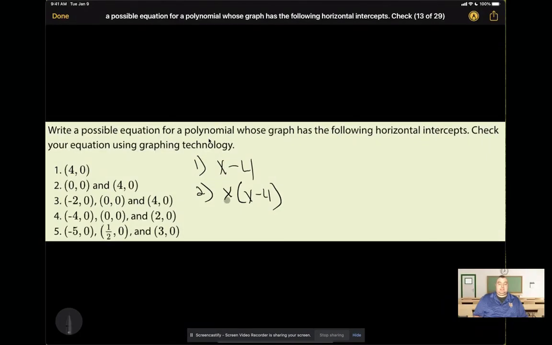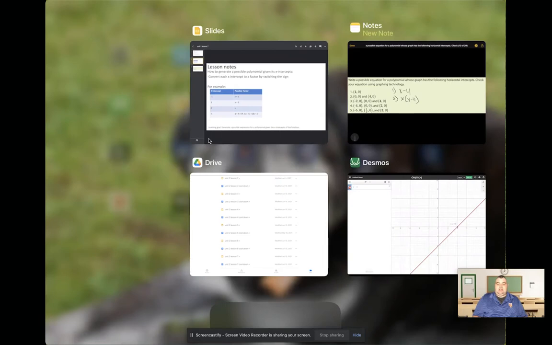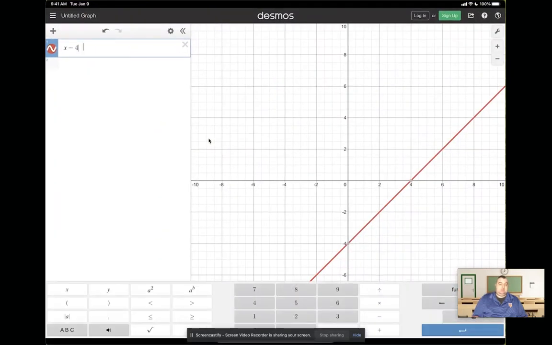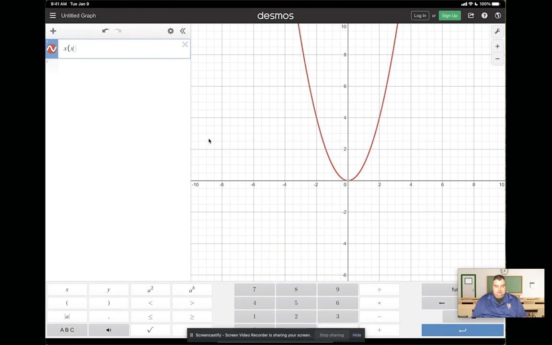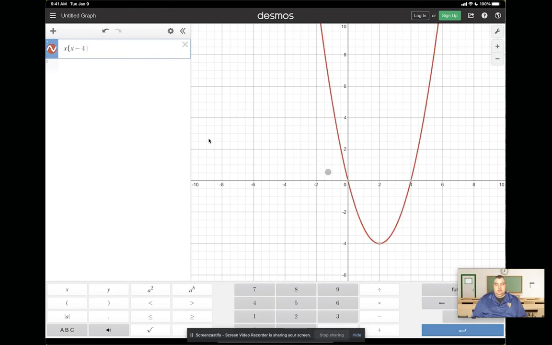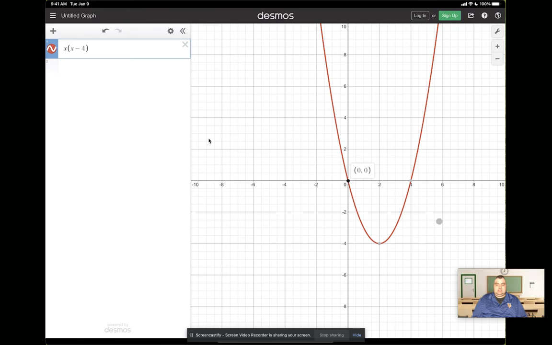So my possible equation for a polynomial would be x times x minus 4. And if I check that using Desmos, x times x minus 4, notice it has x-intercepts at 0 and at 4. It indeed works.